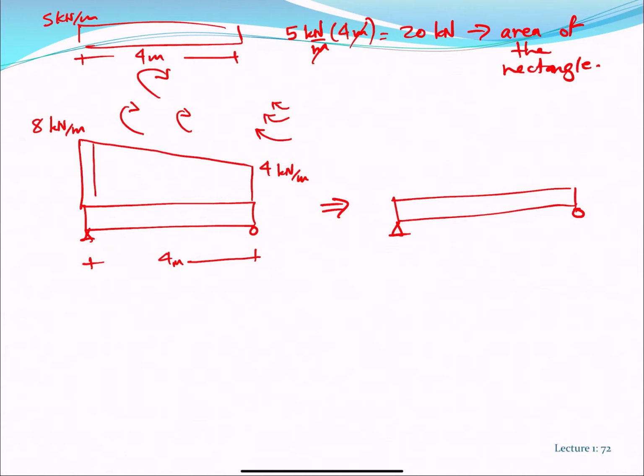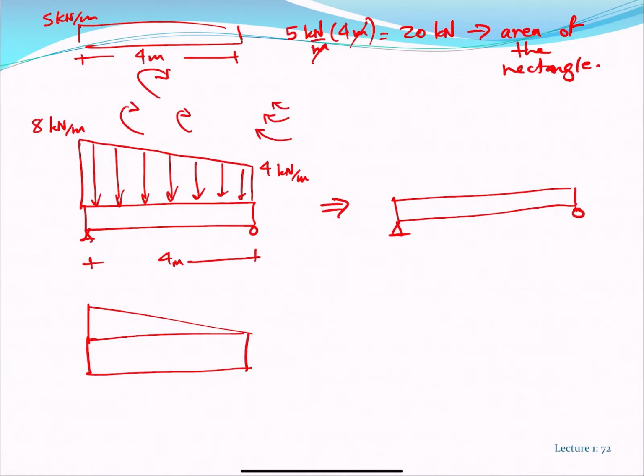So it's in the same way the area of this trapezoid. Now, to get the area of a trapezoid, we can divide it into a triangle and a rectangle, or we can apply a formula for a trapezoid, in which this is 8, this is 4, and this is 4.